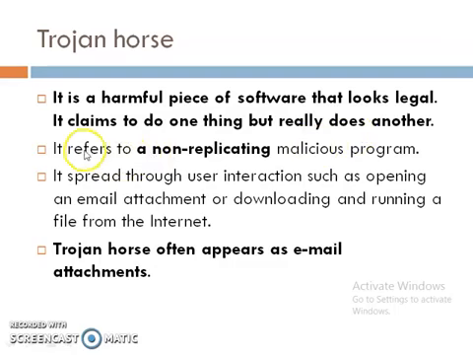Okay. It refers to a non-replicating malicious program. It spreads through user interaction such as opening an email attachment or downloading and running a file from the internet. A Trojan Horse often appears as an email attachment.